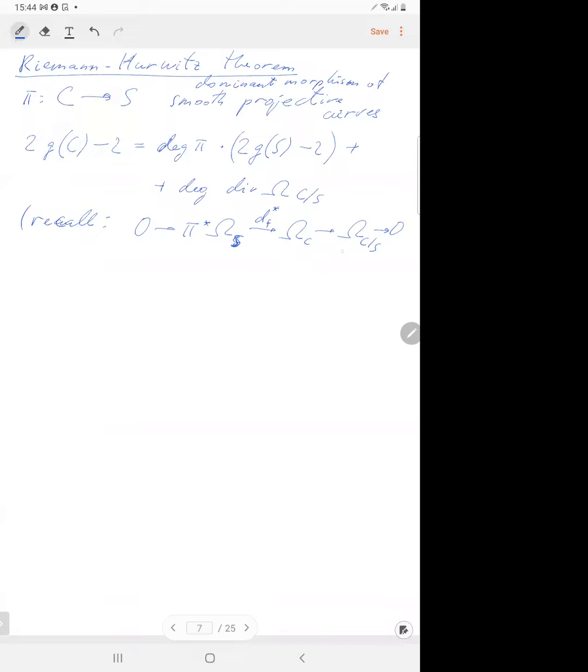What is the small index F? Pardon me? F small index on the differential. Oh, sorry, it's pi. Sorry, it's pi. Thank you. And this is a torsion sheaf.